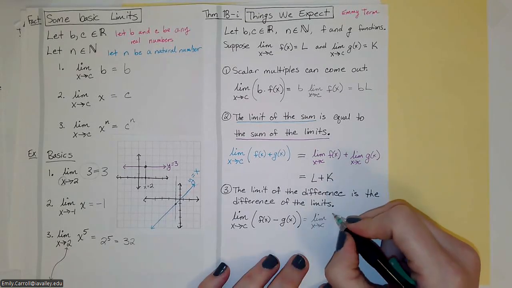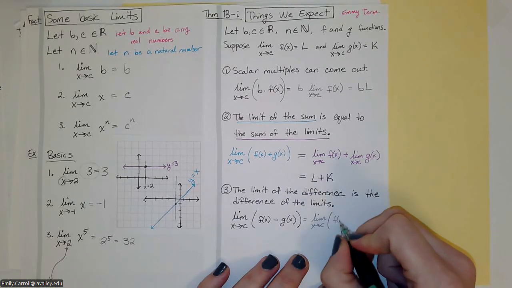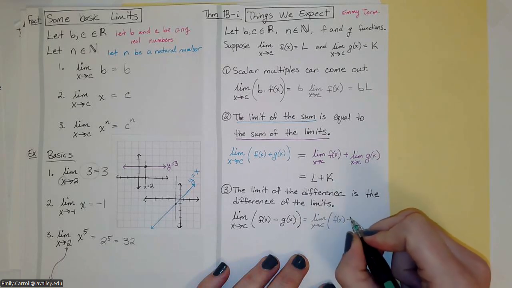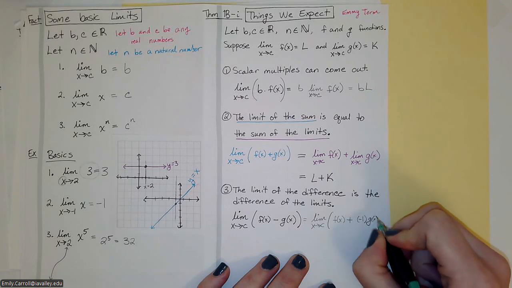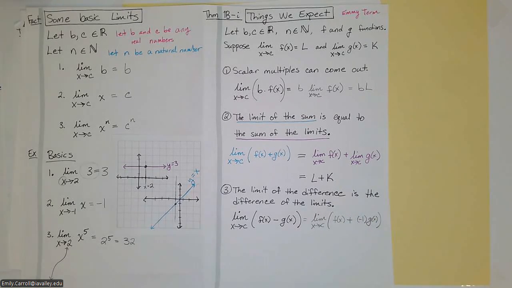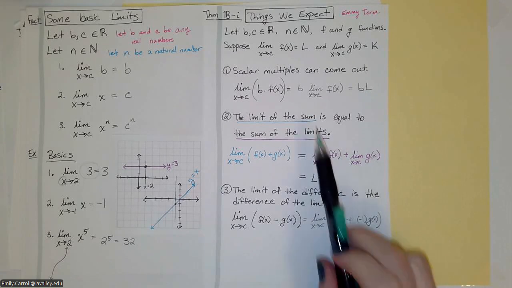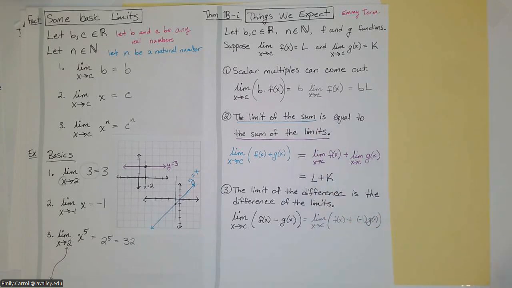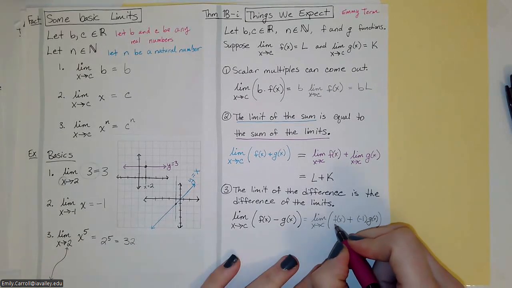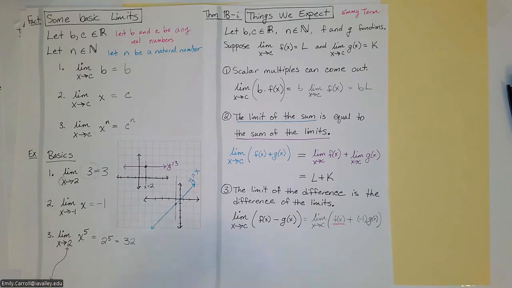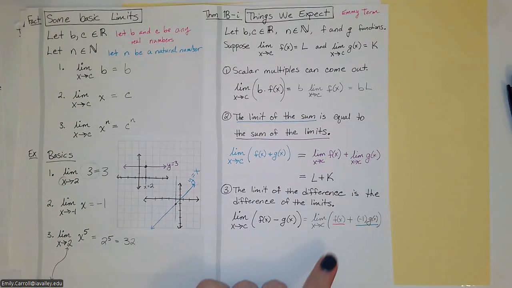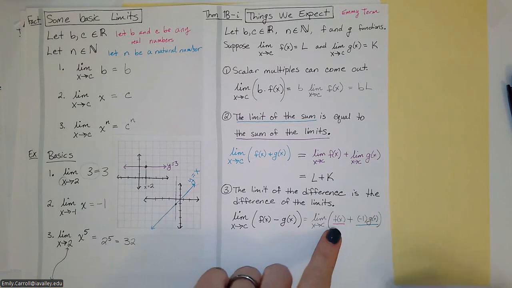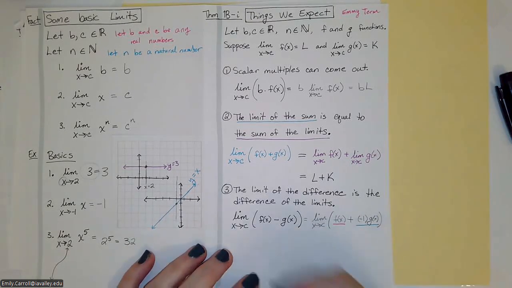Limit as x goes to c of f of x, and I'm going to write this as plus -1 times g of x. Well, the limit of the sum is the sum of the limits. So here is one thing being added, here's another thing being added. Here's the limit of the sums, here is the sum of the limits.